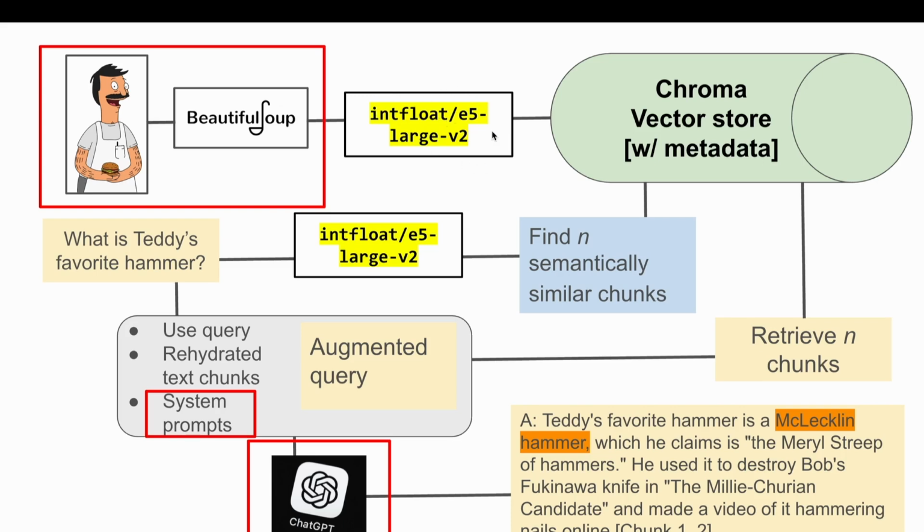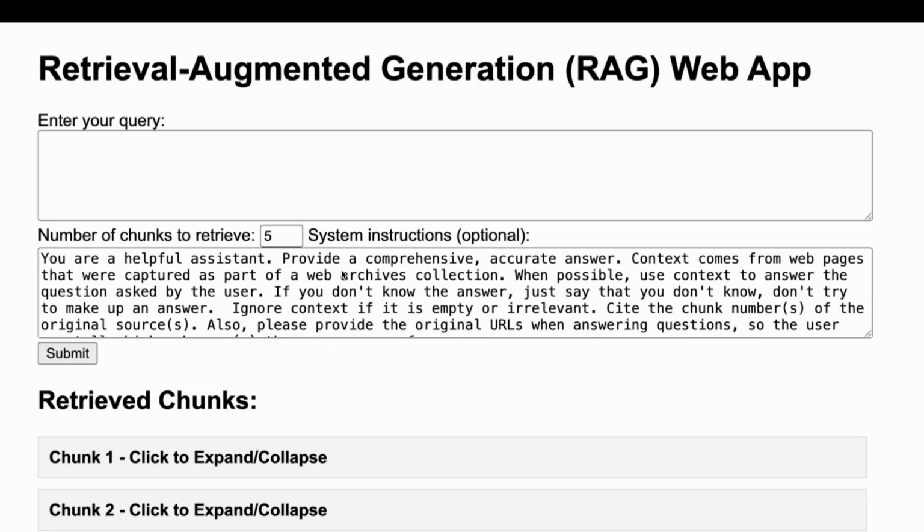And then using the same model, the same database, but with a significantly improved system prompt, so I could tweak and play around with what I wanted the system to do in that text box that we saw in the previous slide.